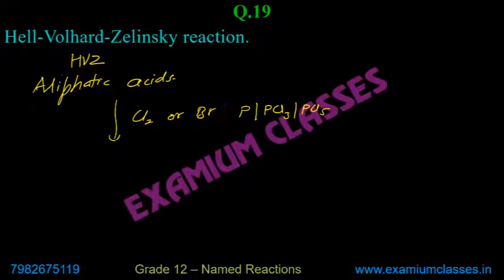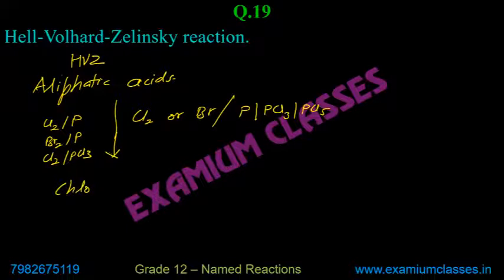But normally you will get the reaction as chlorine or bromine with phosphorus. So the combination will be chlorine with phosphorus, bromine with phosphorus, chlorine with PCl3, like this. Okay, all these combinations can appear. So from here you will get chloroacid.